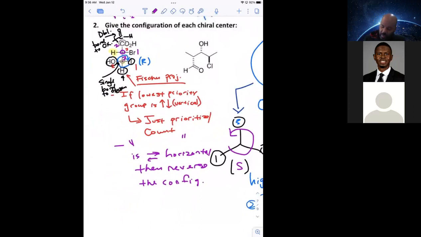So if the lowest priority group, I put that in quotes now, so don't panic when you see that once I post the notes, if the lowest priority group is horizontal, then you have to reverse the configuration.